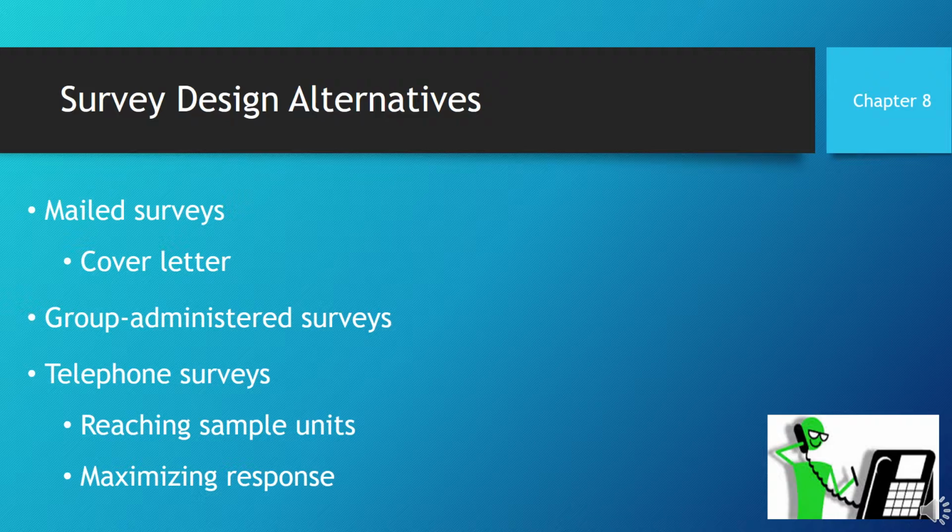This type of survey design contains threats to validity because sample units are sometimes hard to reach, and it is sometimes difficult to obtain the maximum amount of completed responses.